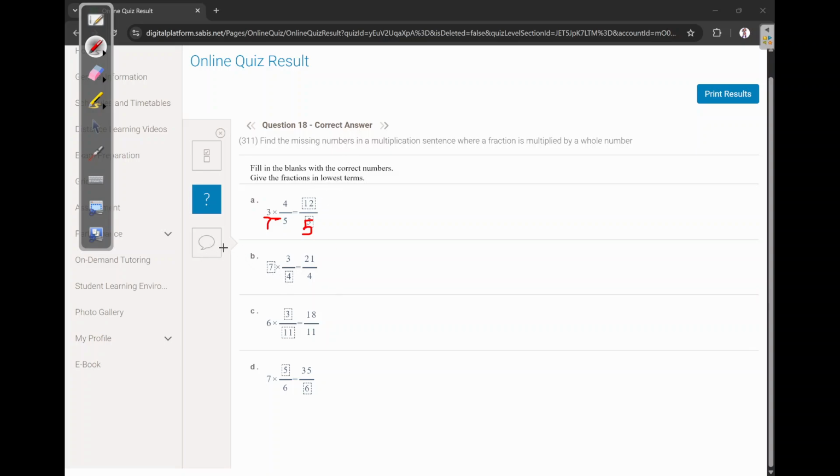7 times 7, first we also have to make it a fake fraction, where the denominator will be 4, because it stays the exact same.